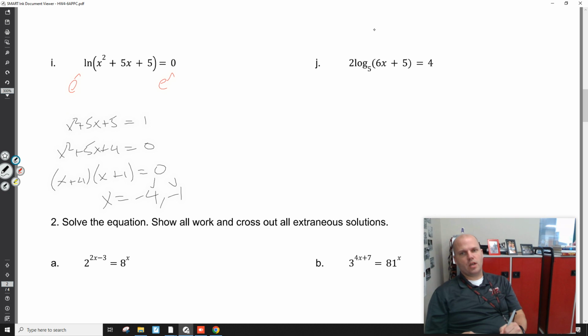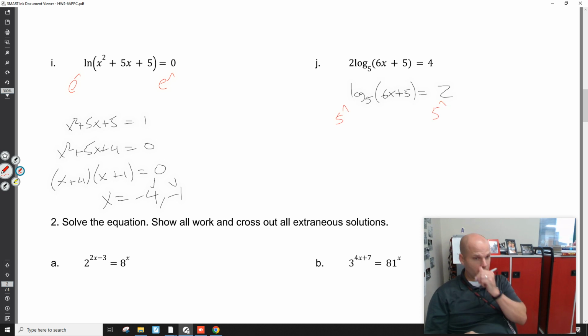What can you do here? Can you bring the 2 up? Sure, you could if you wanted to, but you could also divide both sides by 2, which is what I'm going to do. Then I'm going to get rid of the log base 5 with a 5 to a power.